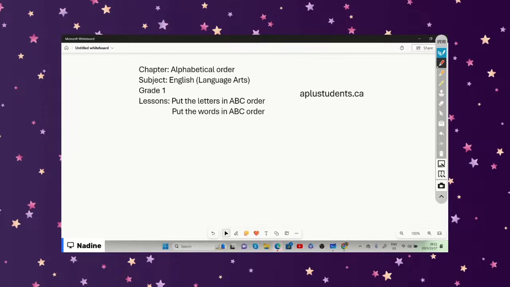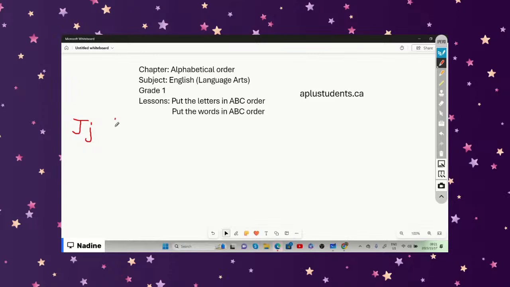So I'm writing it capitalized as well as in lowercase, just so that we can also get the difference in how the letters are written. So we're starting with J. It's like saying jacket. So J for jacket.